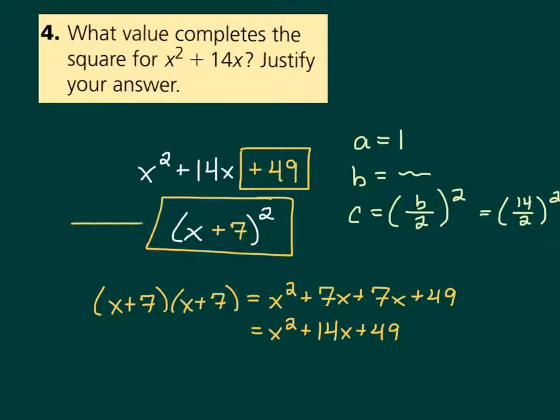So this is what we get from completing the square. We complete this expression to be a perfect square trinomial so that it factors thusly. And as another note, when you do this process, in the factored form, x plus this number right here is always going to be b over 2.